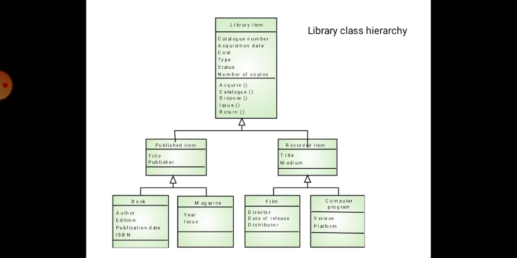So I have here library item at the very top, that is the parent class, whose children or subclasses are published item and recorded item. Again, in the published item you have subclasses as book and magazine, whereas in recorded item you have subclasses or inherited classes called film and computer program. So subclasses inherit properties from the superclass.